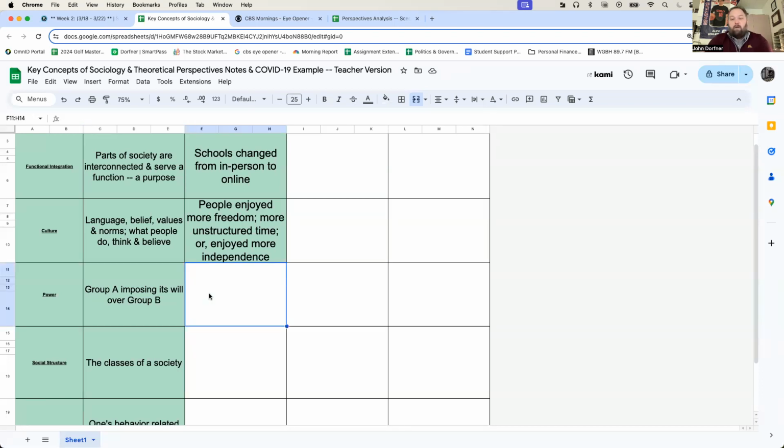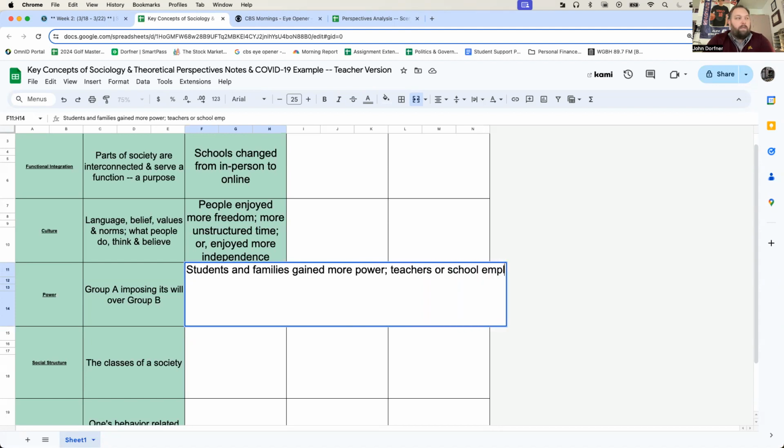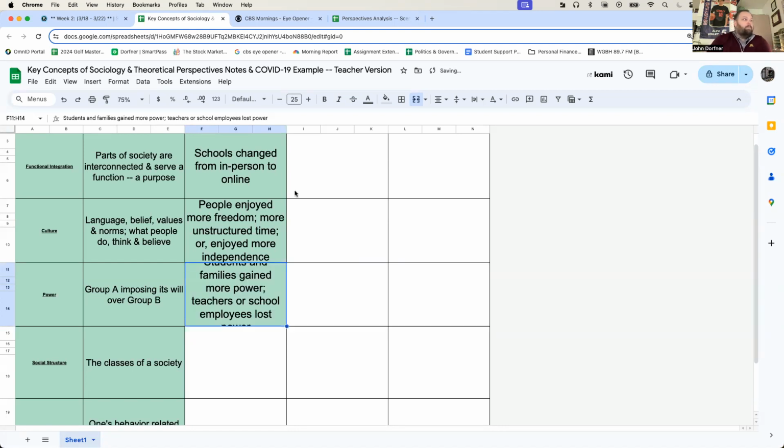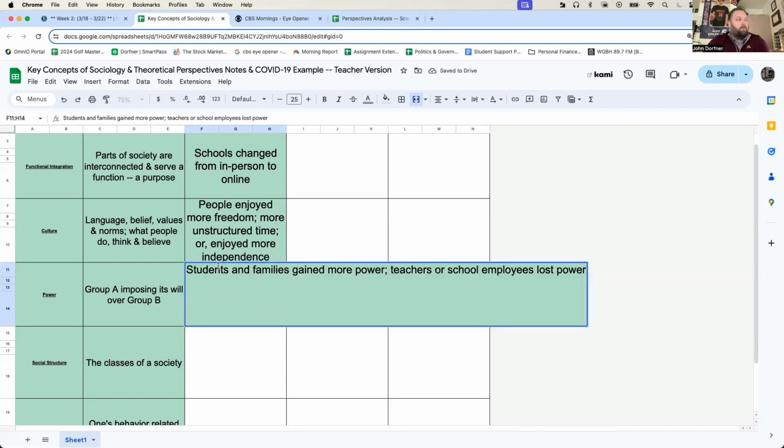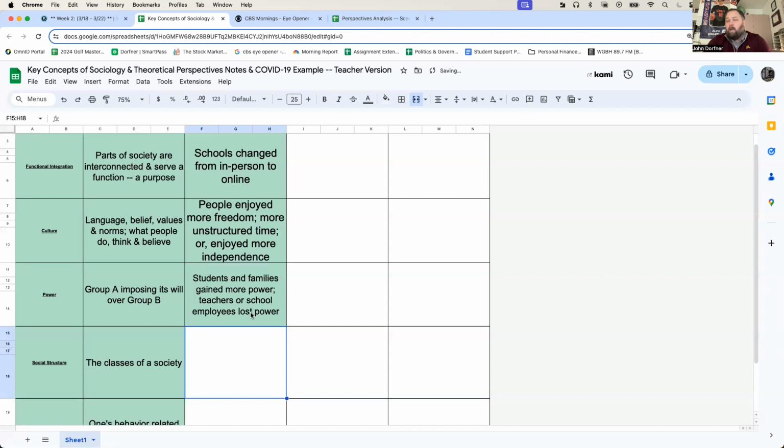Perhaps you have down here that students and, to an extent, families gained more power. Or perhaps you wrote down that teachers or school employees lost power. Really, it's all based on what perspective you're looking at this from.